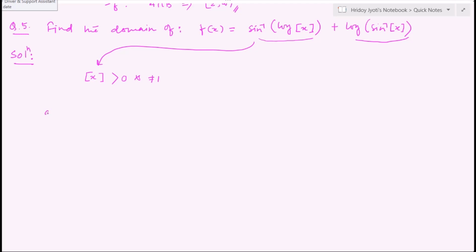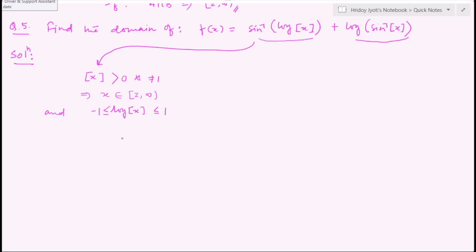So here we must get GIF of x greater than 0 and not equal to 1, and we must get log of GIF of x lying between -1 and 1, because that is the range of the sine inverse function. So from here we'll be getting x belonging to 2 to infinity.